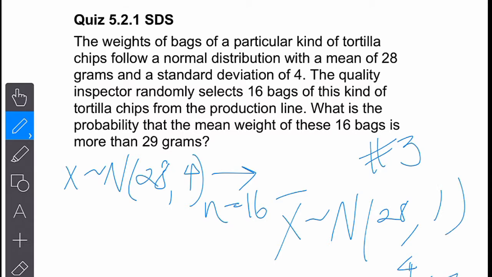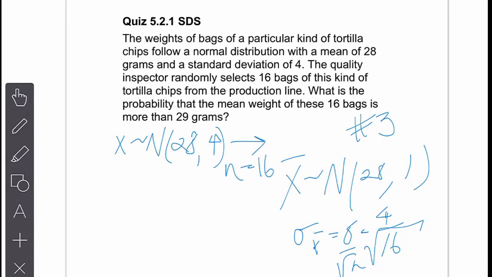Okay, so that's the new standard deviation, remember, from formula 3. The new standard deviation is the old one, but smaller, divided by square root of n. So 4 over 4 gives you 1.